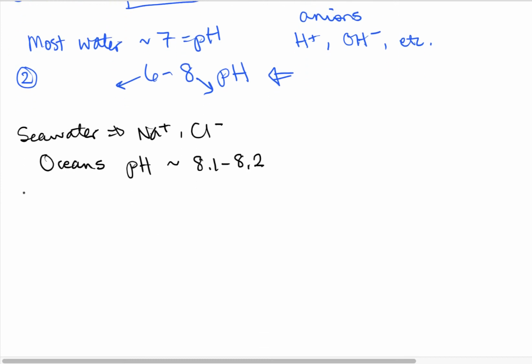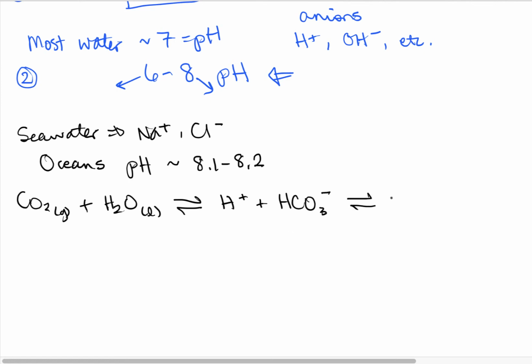Now, if we think about carbon dioxide dissolving in water, we know that we've talked about this forming carbonic acid. We're just going to go ahead and assume that this dissolved carbon dioxide is the same thing as our carbonic acid. And we know that this can dissociate into H plus and HCO3 minus, which can also further dissociate into carbonate ion.